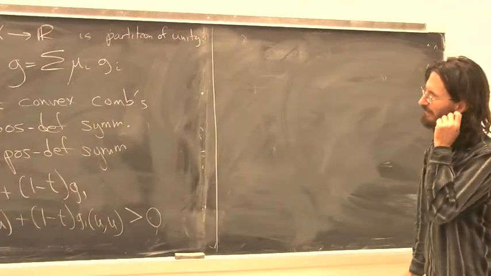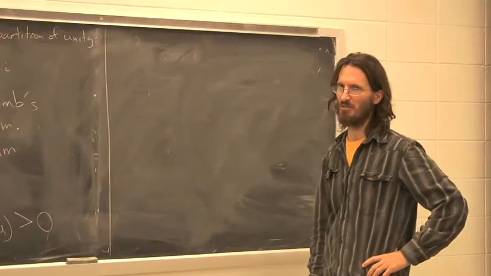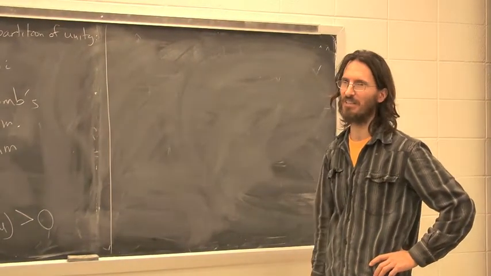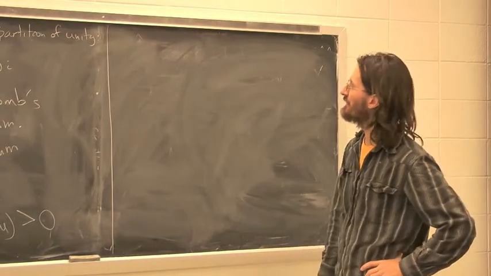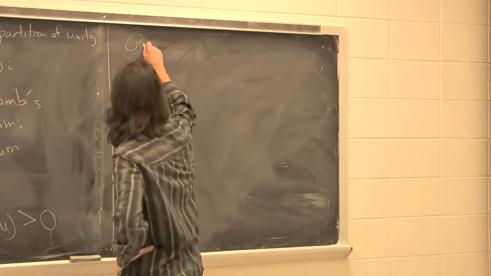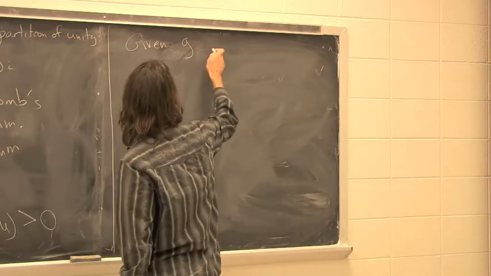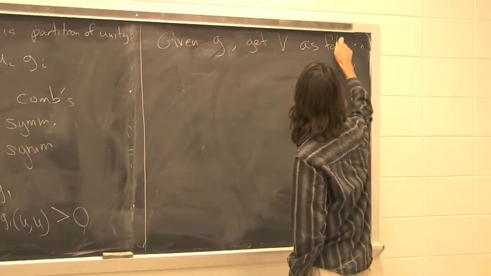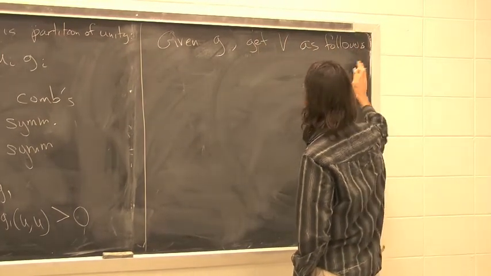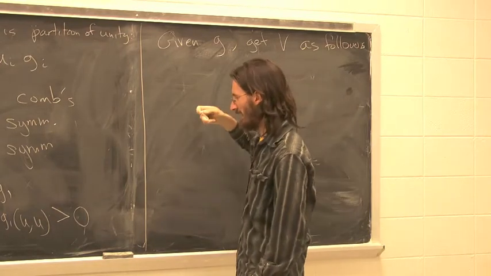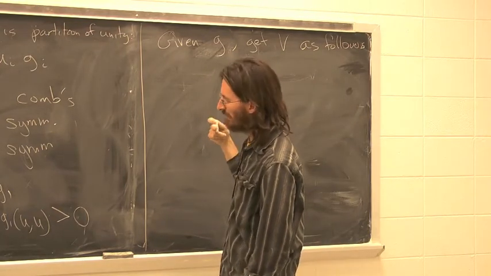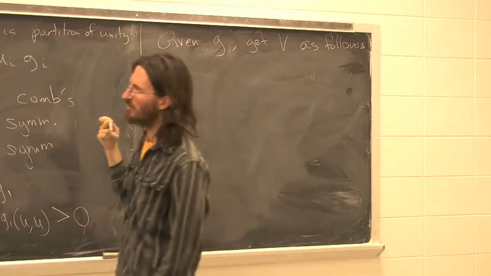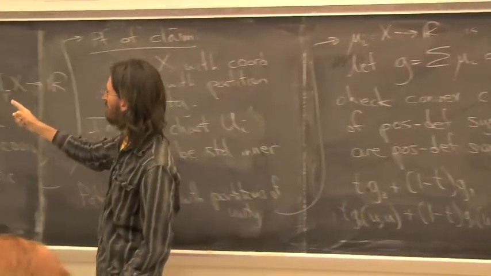But why a Riemannian metric? What we want to use a Riemannian metric for is to get this vector field. And the vector field is going to be a gradient vector field. So given the metric, we get V as follows. And so we've got f mapping X, right? So how do you think about an inner product? What's a good way to think about an inner product on a vector space?